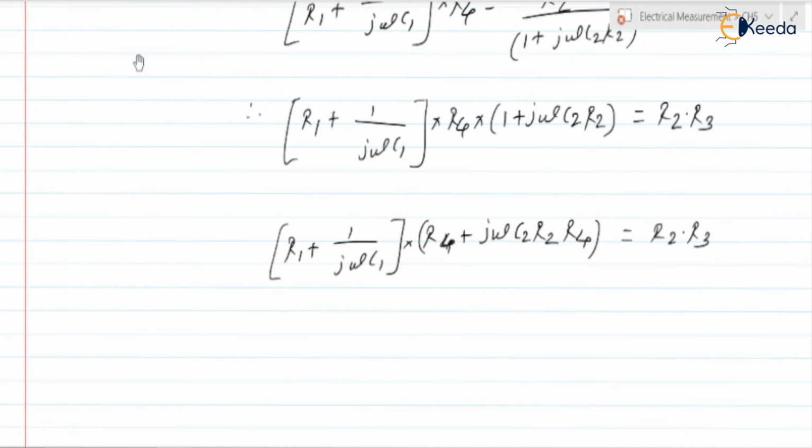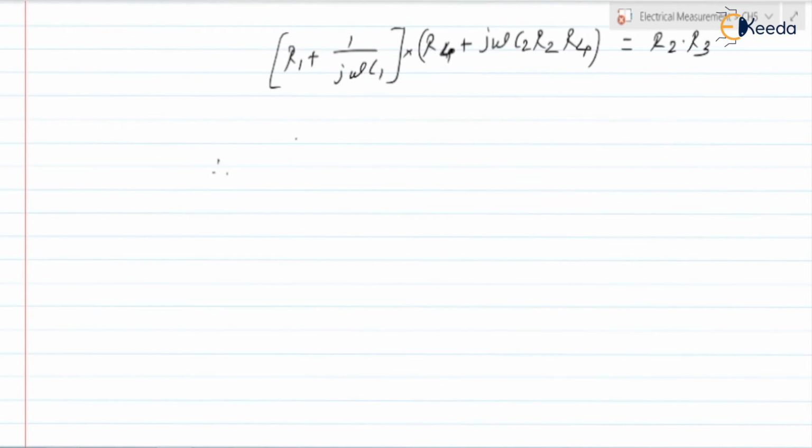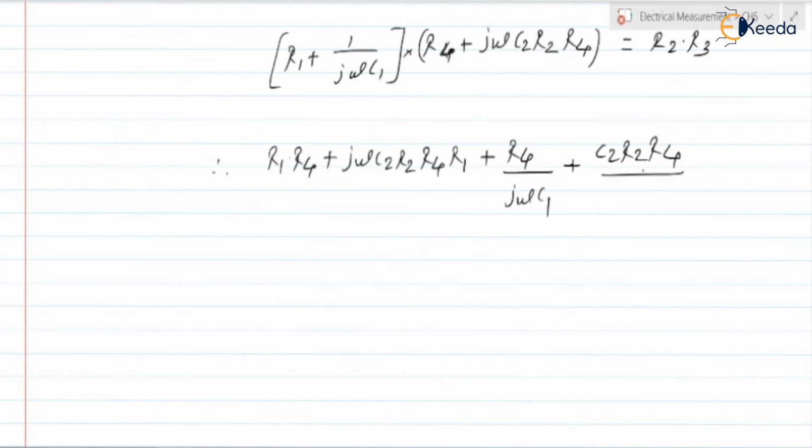Further, it is R1 R4 plus j omega C2 R2 R4 R1, plus R4 upon j omega C1, plus the term j omega and j omega gets cancelled out, so it is C2 R2 R4 divided by C1, is equal to R2 into R3.